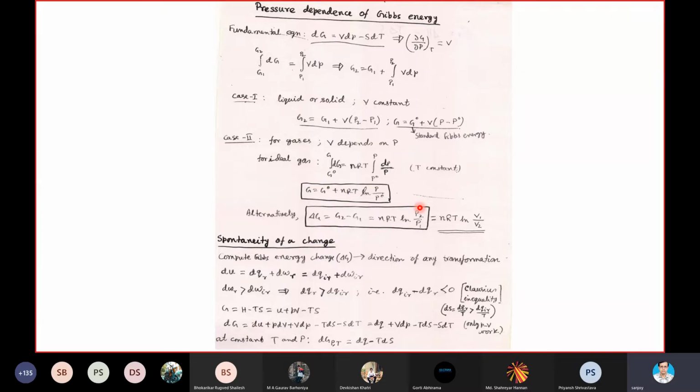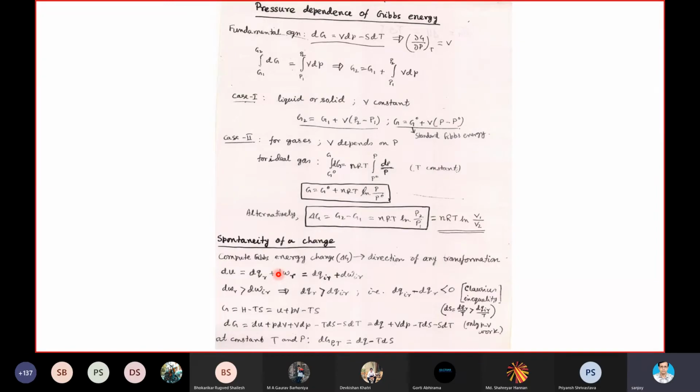Now we are coming to a very important role that Gibbs energy plays, which is to determine whether a change will be spontaneous or not. What is the fundamental condition? The change in Gibbs energy determines the direction of any transformation, whether a transformation will be spontaneous or not, or in which direction the process will occur.